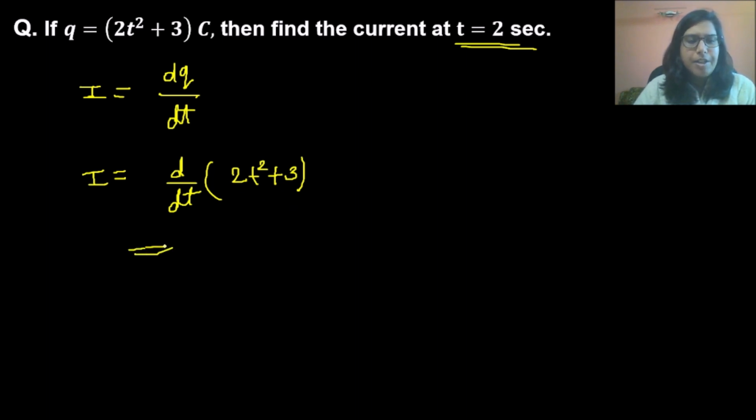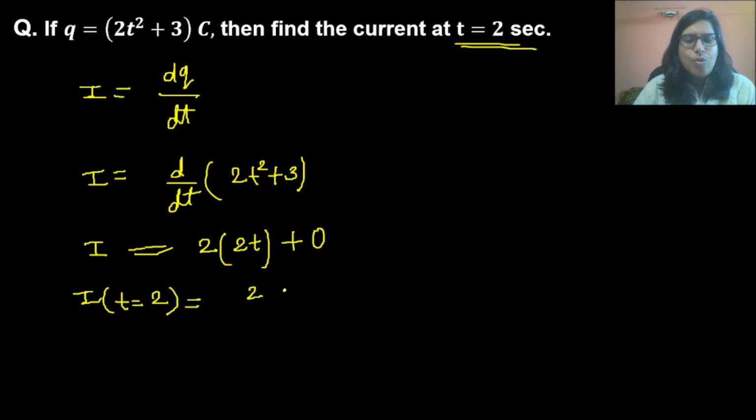Then it will be 2 into 2t, the differentiation of t square is 2t, plus 3 is a constant, so its differentiation will be 0. So here current is also a function of time t. Now at time t equals 2 seconds, current will be 2 into 2, so this is 8 ampere.